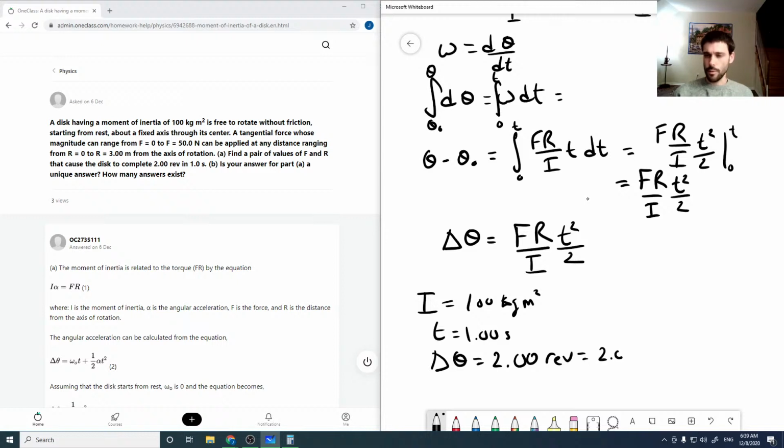Actually, I'm not going to write it like that, because that's just going to be a lot of rewriting. So we want to convert this into radians, so we're going to multiply by 2 pi rads per revolution. And so this is then 4.0 pi. I'm just going to leave it like that.